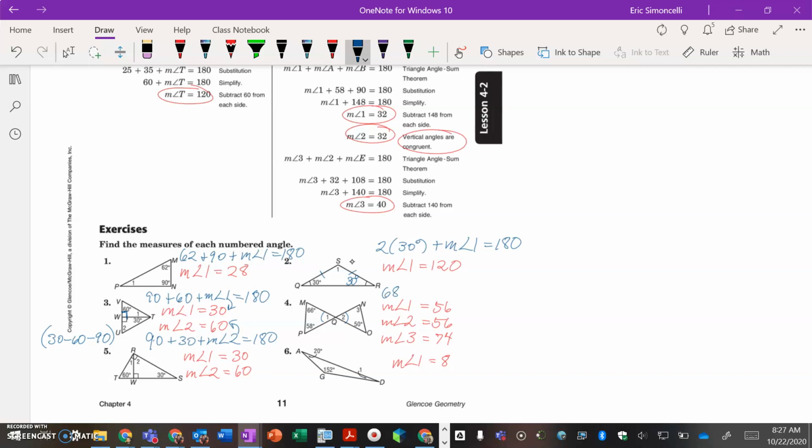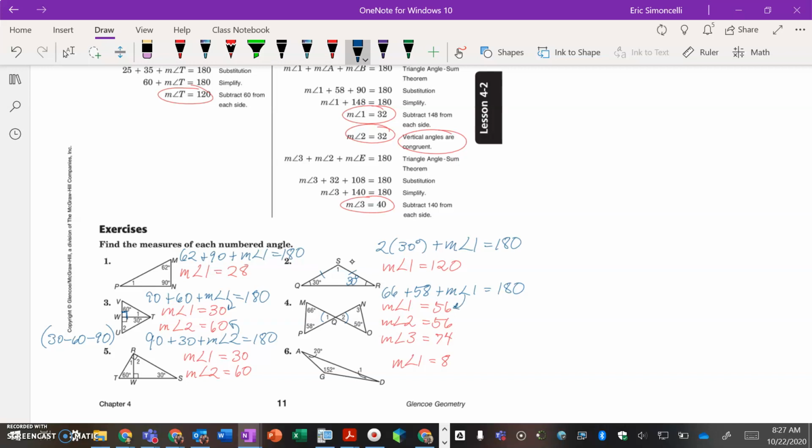So you take 66 plus 58 plus the measure of angle 1 and set it equal to 180. If we do the math, 66 plus 58 is 124, and 180 minus 124 is, of course, 56.